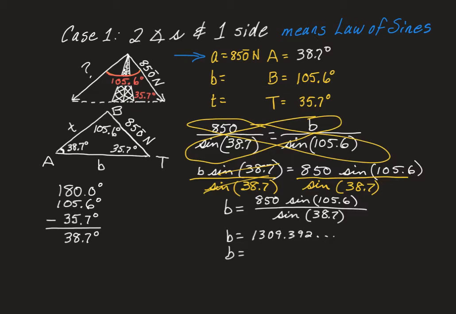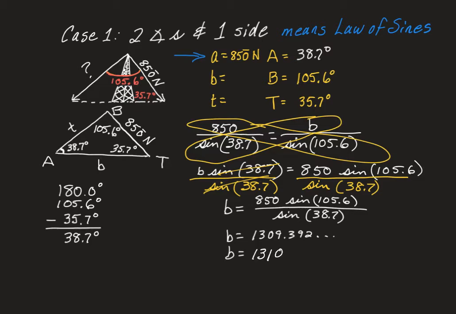Now notice that our 850 newtons has that bar over the zero, which is another way of showing that that zero is significant. So there are 3 or 4 significant digits in each of our original numbers that we were given. So we're going to report our final answer here in 3 significant digits, and we hold the place of that 9 with a 0.